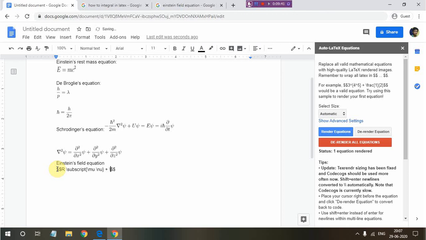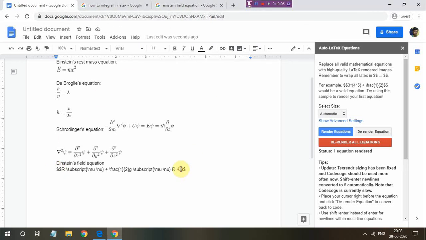Plus half, so better use fraction here, plus half g mu nu R, and then use subscript mu nu and times R, okay, plus lambda g mu nu. Well, we need to use capital lambda here, right?